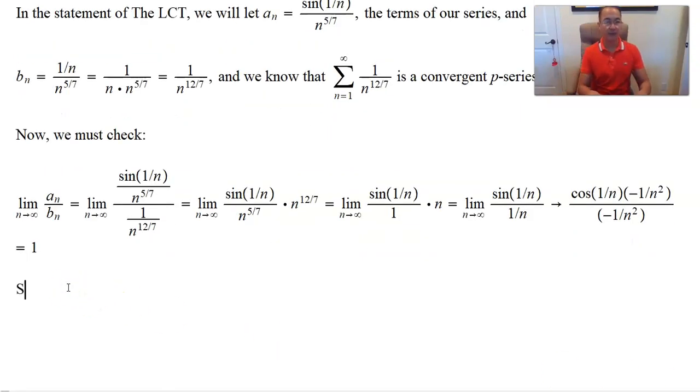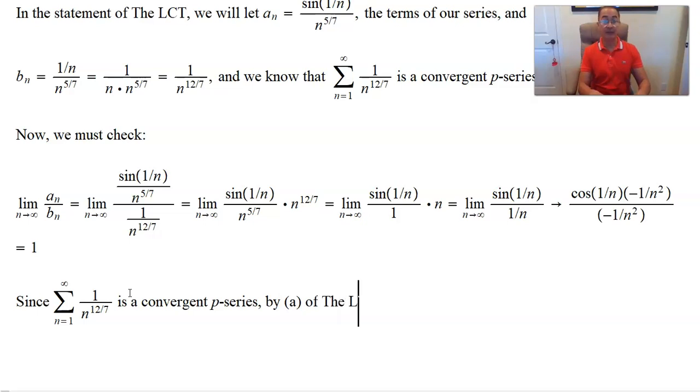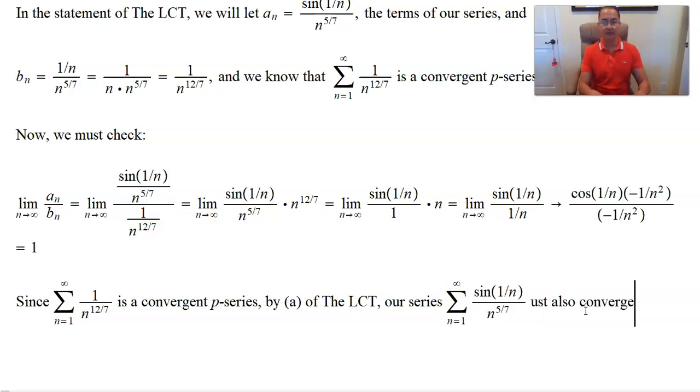All right, so since summation of the b_n is a convergent p-series, by part A of the LCT, our series, which is summation sine of 1 over n, must also converge.